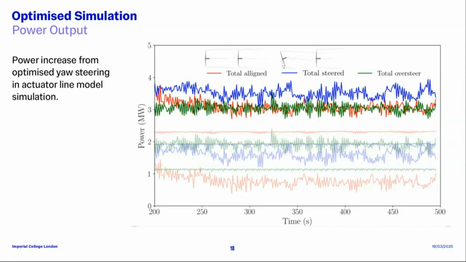And when we run the optimization and then use those optimized yaw configurations for that wind farm, the total power of the wind farm is improved above that baseline, and it does that by increasing the power output of the second wind turbine, even though the power output of the first wind turbine is reduced.